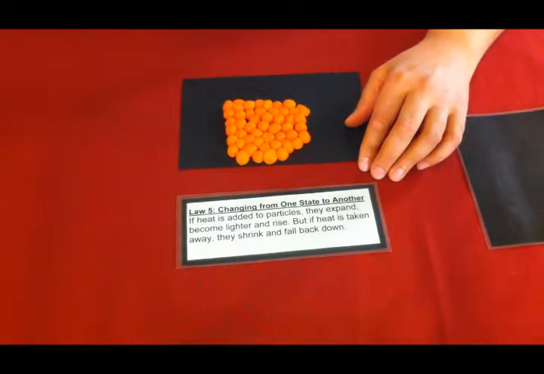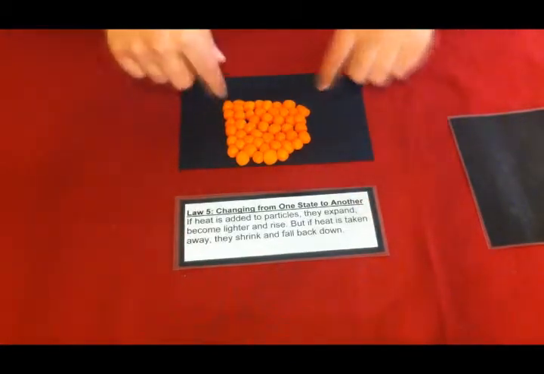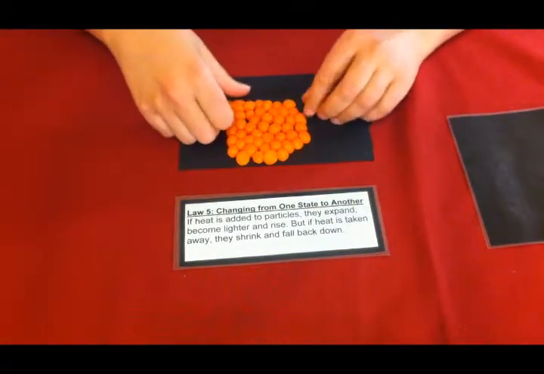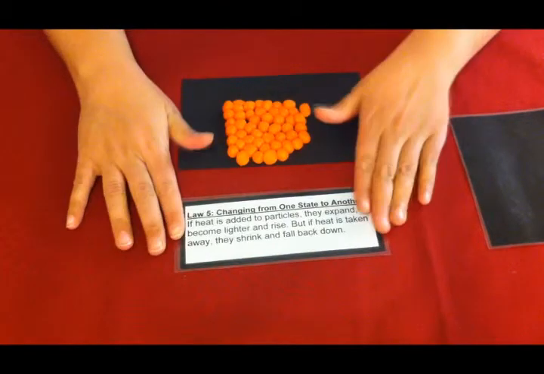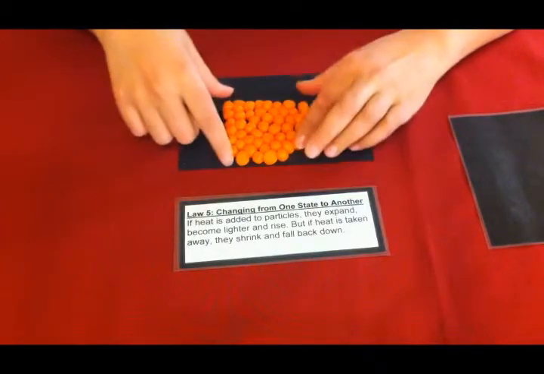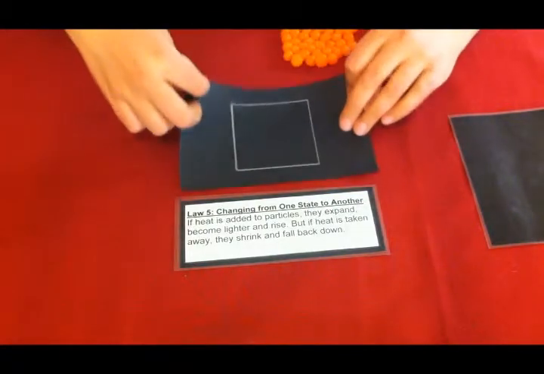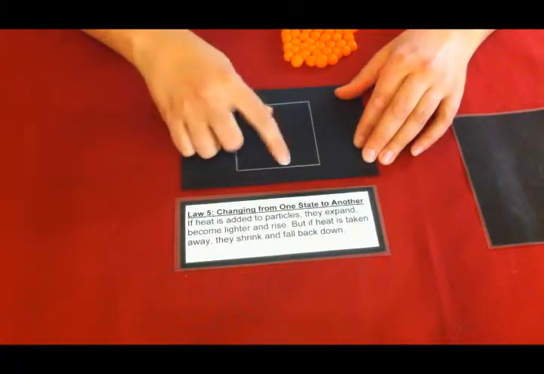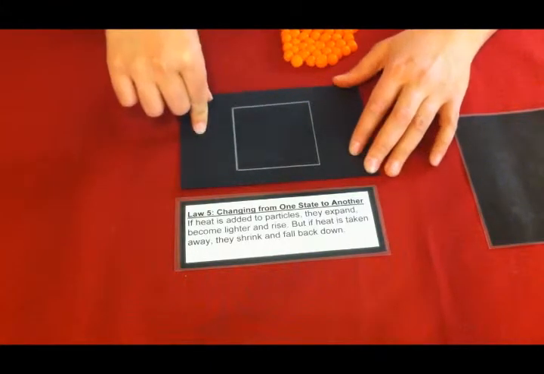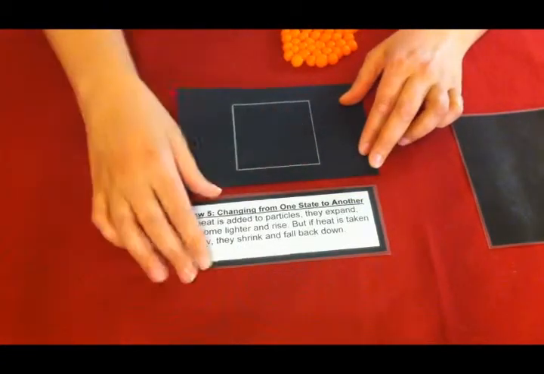Now, what can you do with this information? You could draw the model that I just made with little bits of clay into your notebook, and you can copy down law number 5 into your notebook and draw these particles. First, you can make 3 boxes. I even have something here. I made a little container, and you can draw first a square full of a solid, and then you can draw another square where heat has been added.